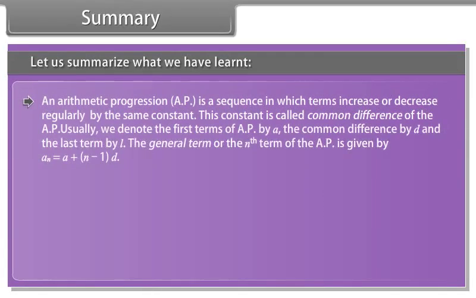An arithmetic progression, AP, is a sequence in which terms increase or decrease regularly by the same constant. This constant is called the common difference of the AP.